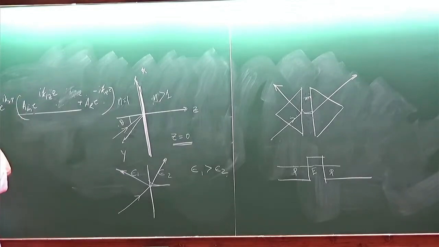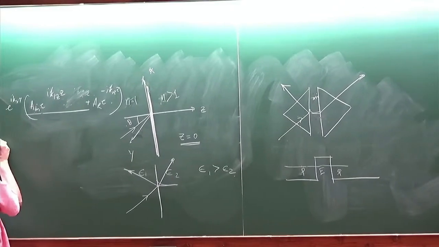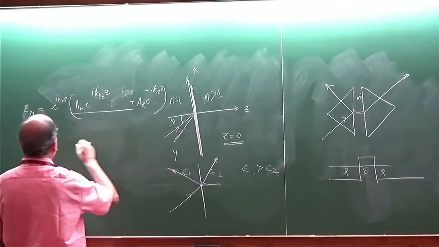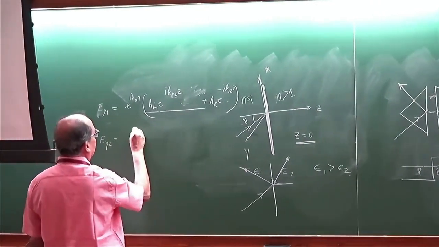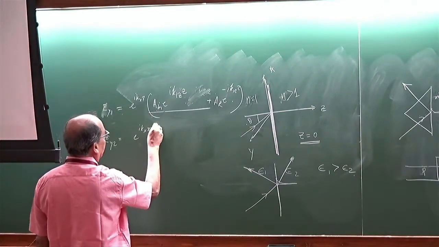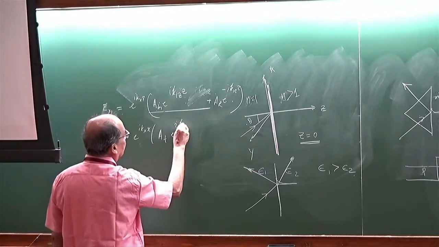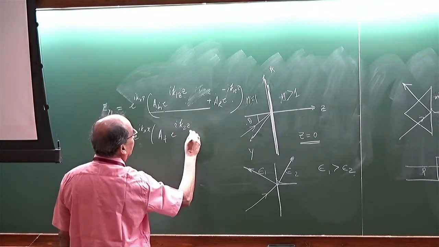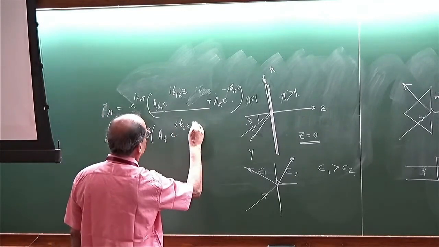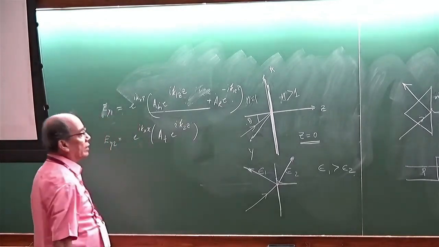That is your E_y1. In the same way you can write the expression E_y2. In the second medium there will be outgoing waves, e to the power i Kx x and AT e to the power i K2z z, and nothing else. Of course, the temporal factor is also there.